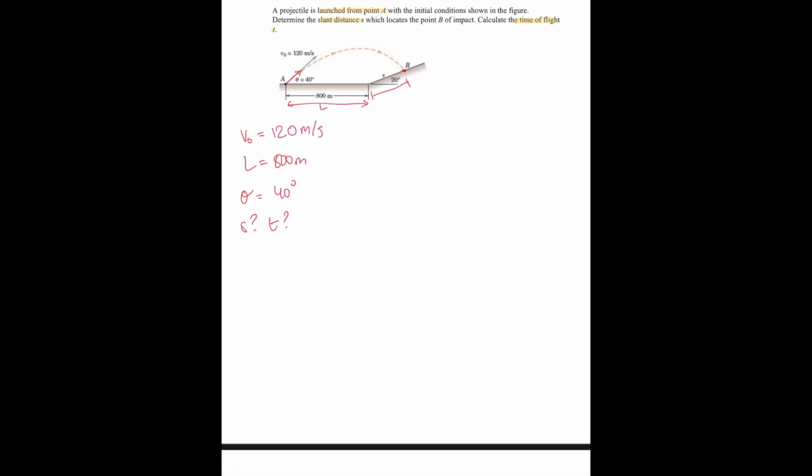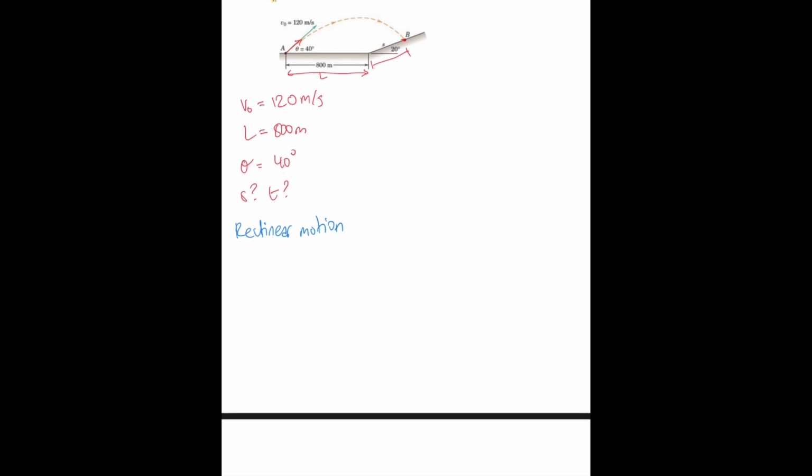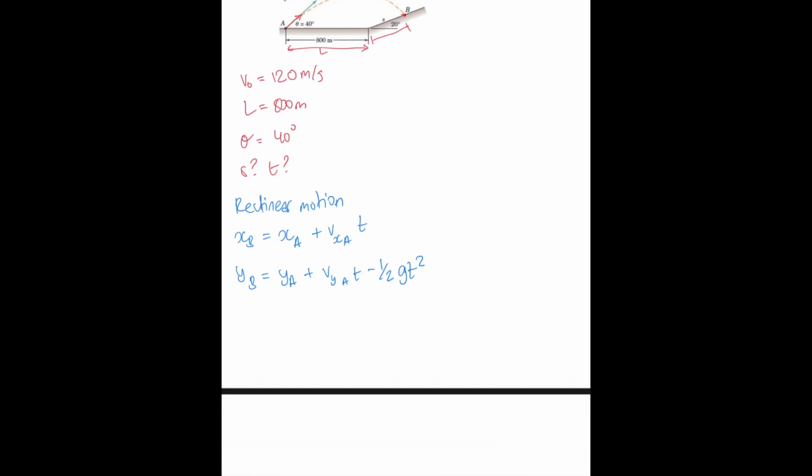So we're going to use the rectilinear motion equations that we talked about in our previous questions. If you remember, we've got xb is equal to xa plus vxa multiplied by t. We've also got yb is equal to ya plus vya t minus half gt squared. We're going to plug in our known values to find s and t.